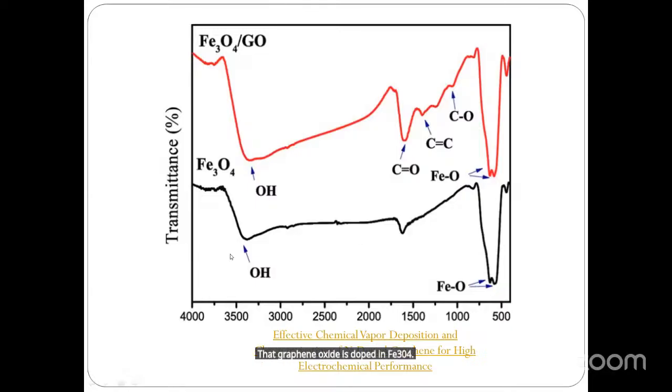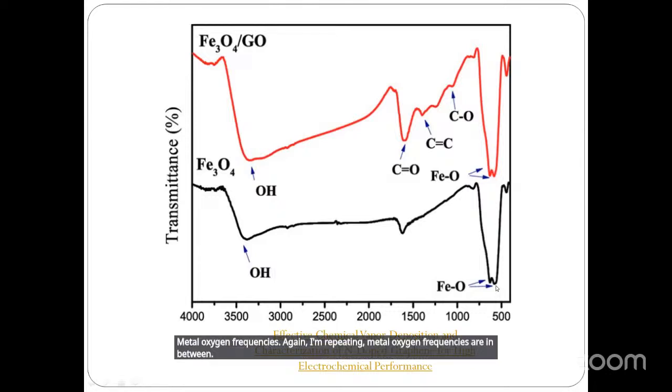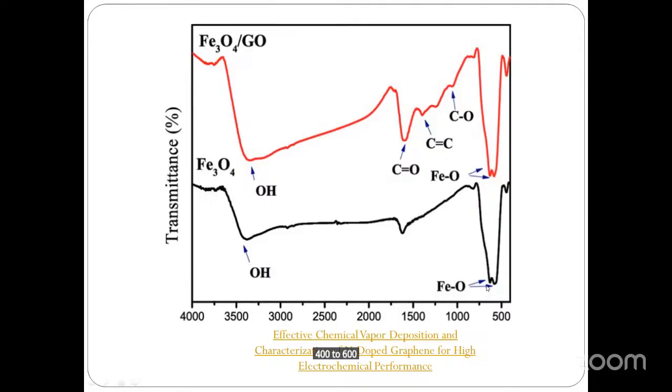Can you see the spectrum of Fe3O4 given in the black line? Always remember, metal-oxygen frequencies are between 400 to 600 reciprocal centimeter. These two signals, a doublet type of signal, are due to iron-oxygen stretching.